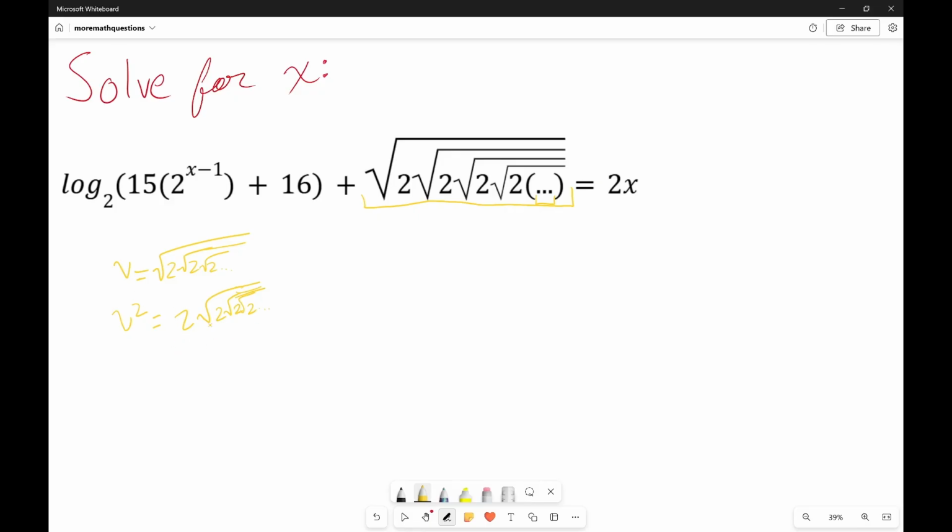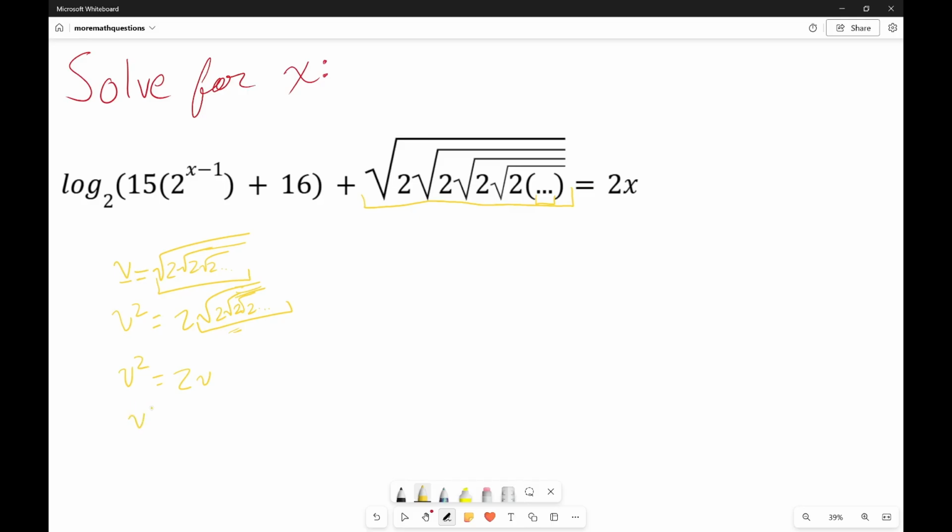Well, if you notice, this part is the exact same thing as this part over here. So why can we not just substitute v right over here? When you do that, you'll get v squared is equal to 2v.